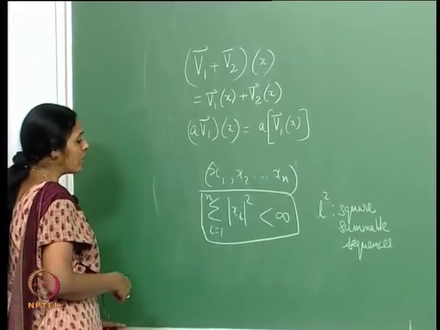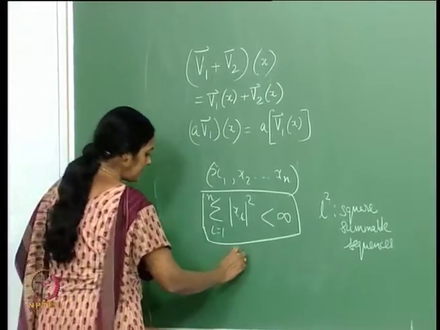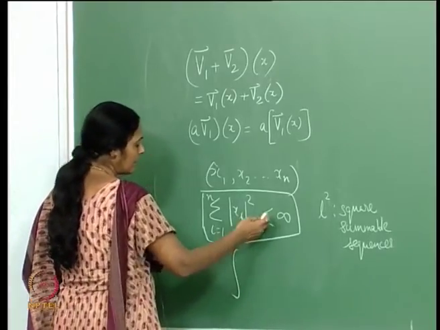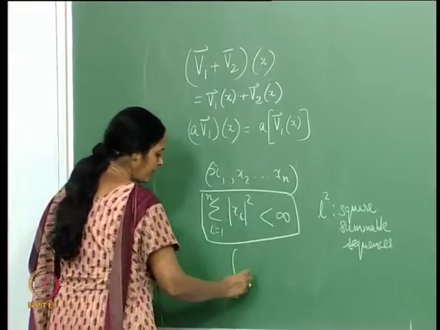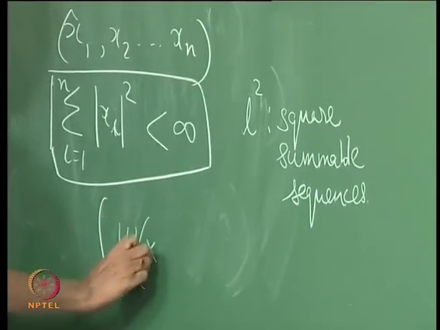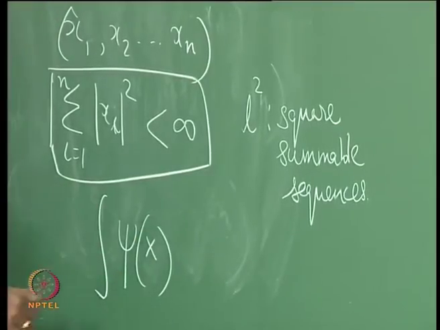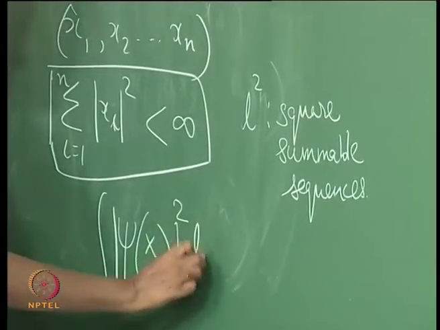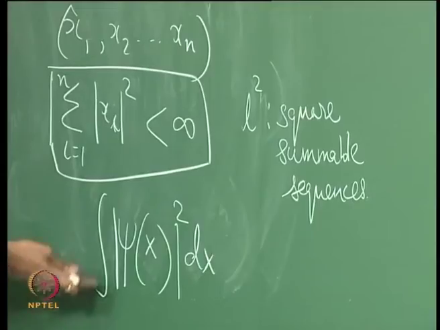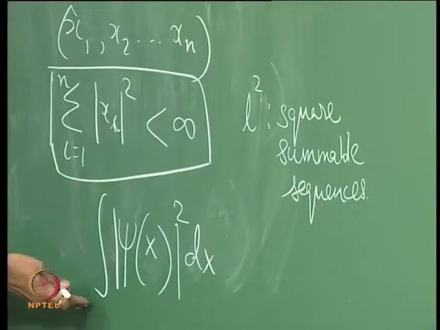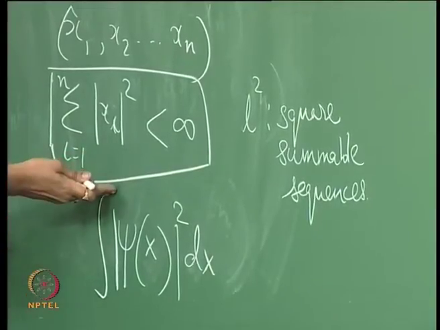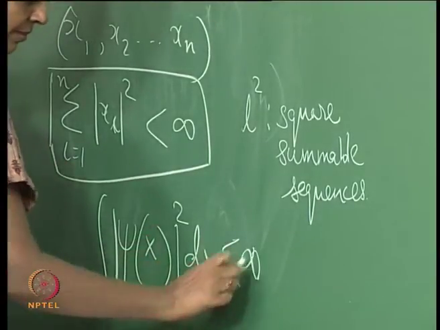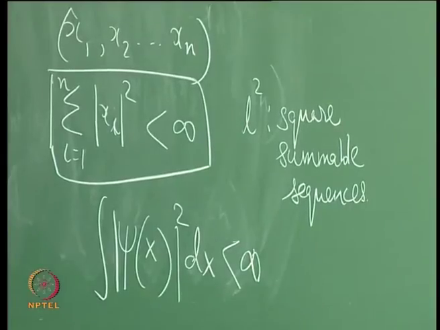Similarly, when it comes to function spaces, suppose these are functions of x that I am considering. Suppose psi of x is a function of x, and in general psi of x is complex, then the integral of mod psi of x the whole square dx over the range in which x is defined, this could be minus infinity to infinity or any a to b, is less than infinity.